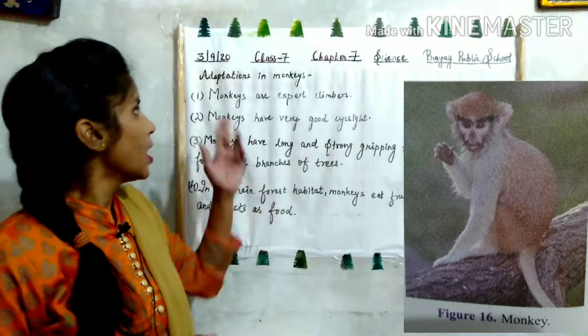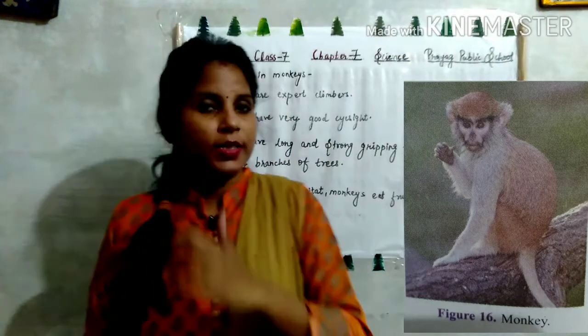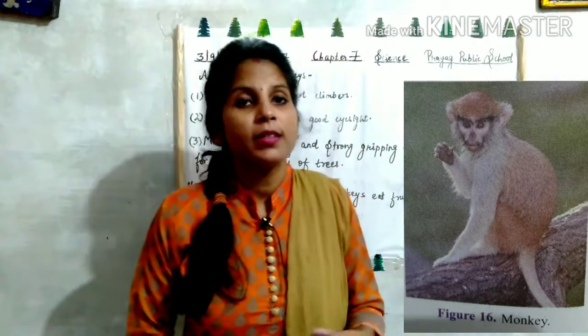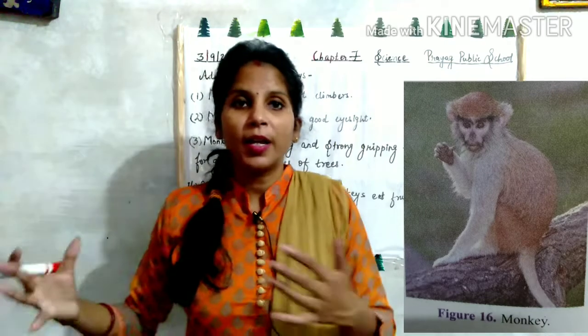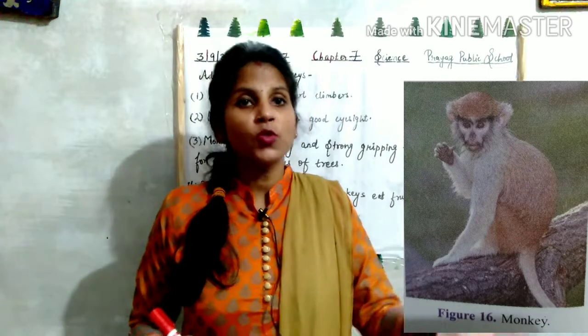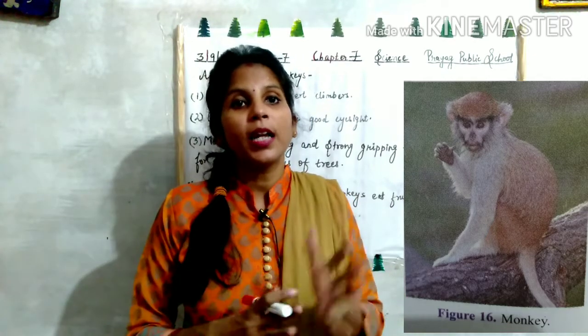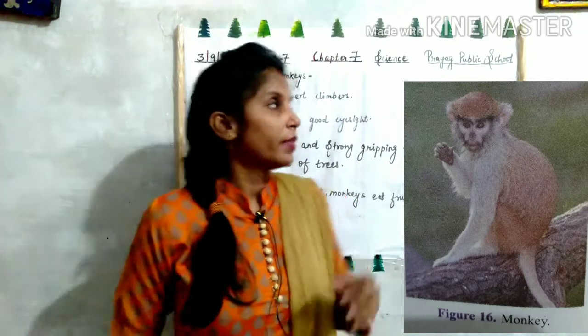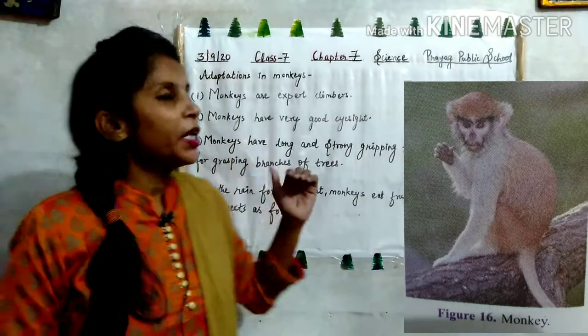The first one is monkeys are expert climbers. We all know that monkey is an expert climber. हमारे घर के छतों तक ये पहुंच जाता है. So it can jump from one place to another very easily, and it can climb very easily. Okay. Then second, monkeys have very good eyesight.